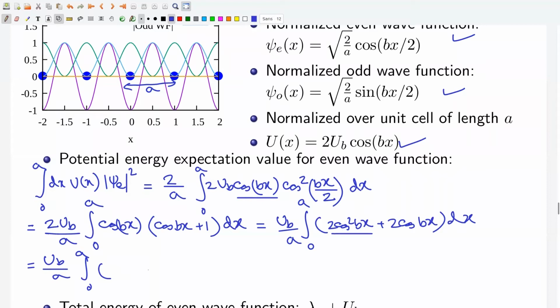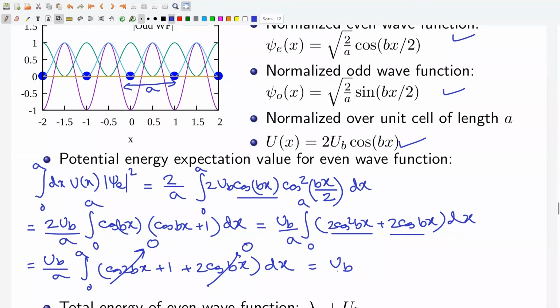So this term is cos 2bx plus 1, and then we have the other term plus 2 cos of dx dx. And now in the limit 0 to a, this integral and this integral, both of them are going to vanish, and in that case we get the potential energy expectation value to be equal to u of b.